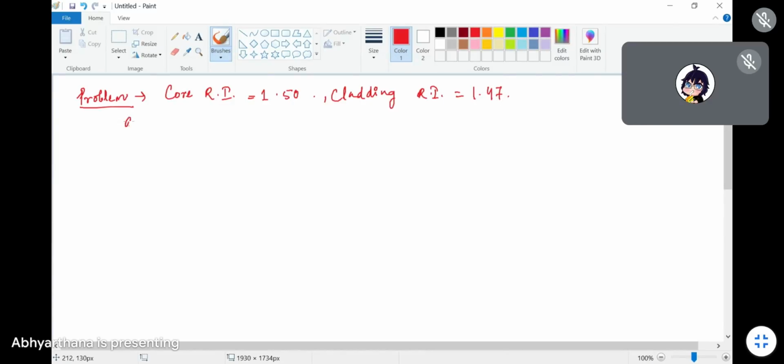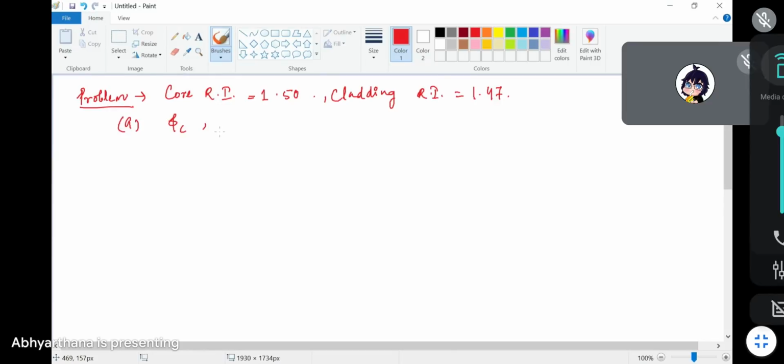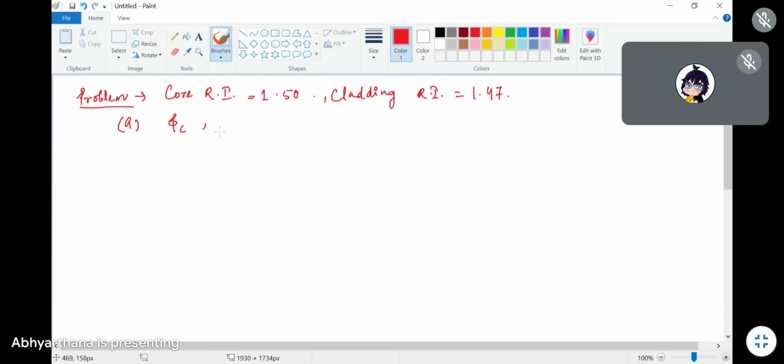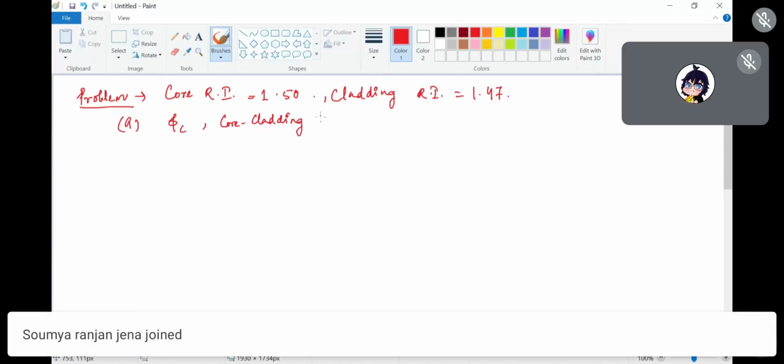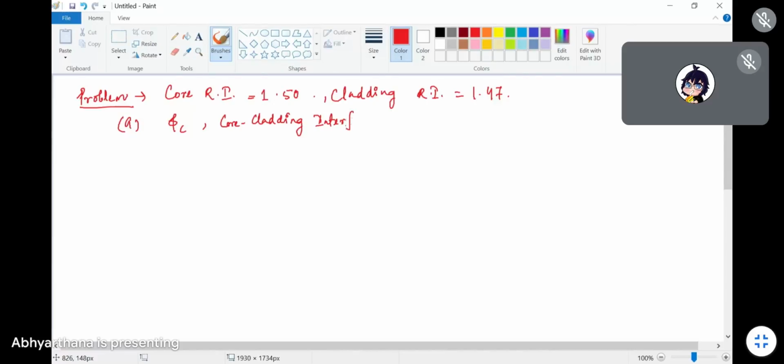You have to find out the critical angle at the core cladding interface. Remember, the interface is really important. If I say the air core interface, you have to give it in a different manner. If I say the core cladding interface, it will be different. So this is your core cladding interface. Please be careful. Your question should possess this information, else you have to write down in both the functions.